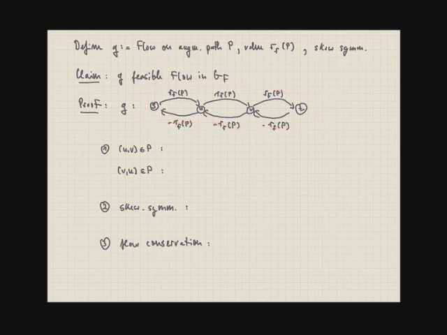So this is exactly how the situation looks when the path goes from S to U to V to T. We have flow values equal to the residual capacity on the forward arcs and minus that capacity on the backward arcs.